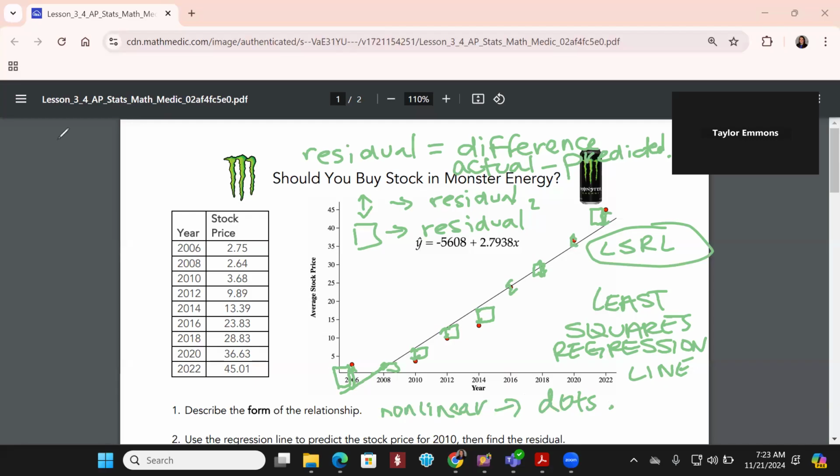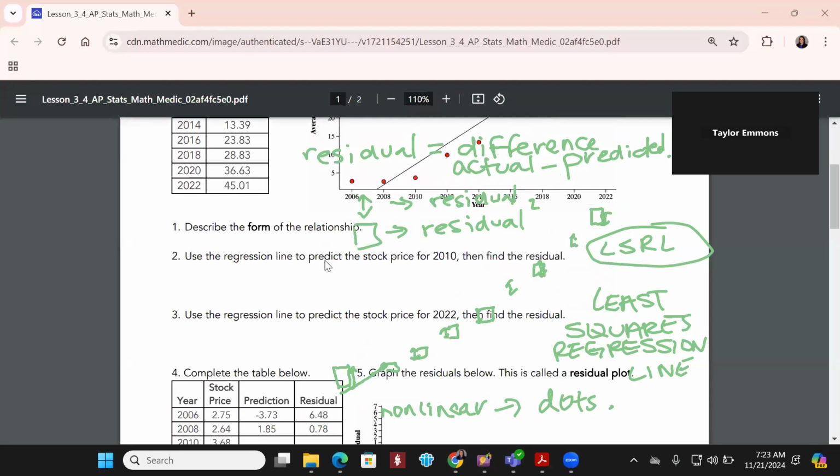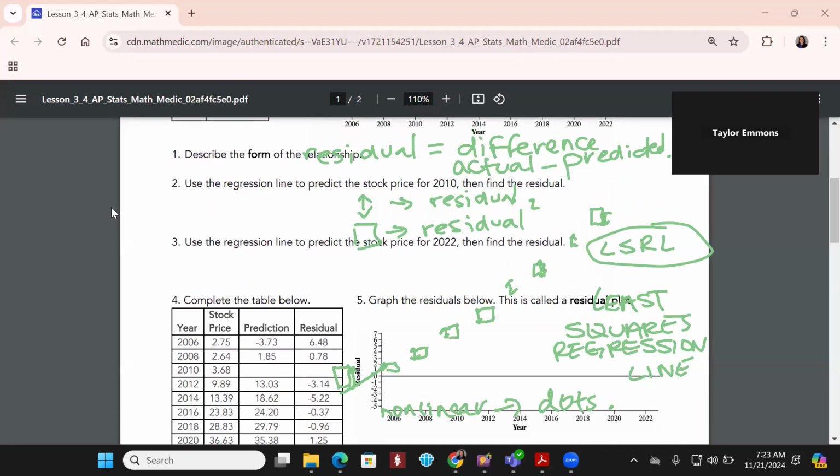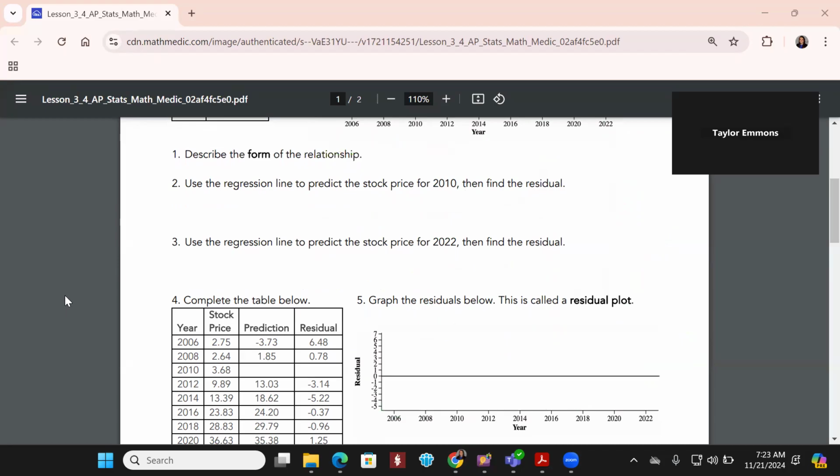Remember, stats be doing the most. Use the regression line to predict the stock price for 2010, then find the residual. So what was our regression line? Look up at the graph, it tells you.